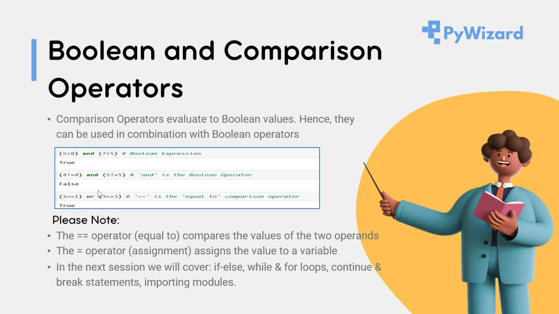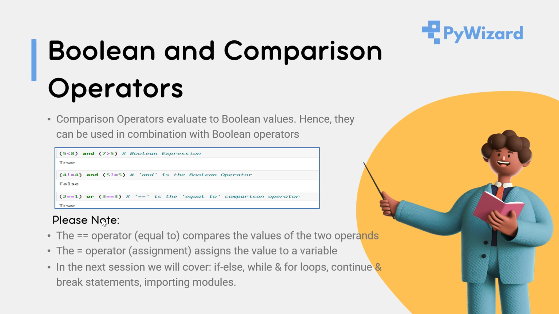So always remember, comparison operators and Boolean operators can be used in combination. Comparison operators are what I've mentioned: less than, greater than, not equal to, less than or equal to, greater than or equal to. Whereas Boolean operators are and, or, and not. And always remember, these are logical operators and there is a certain logic to it based on which they behave.